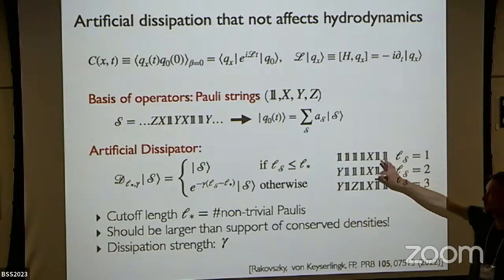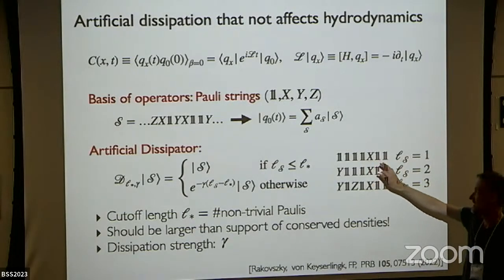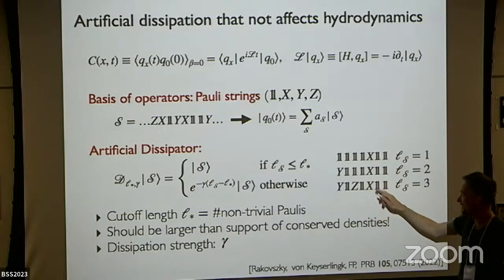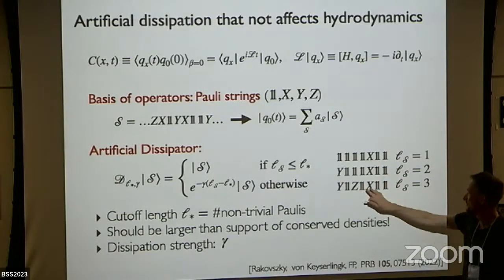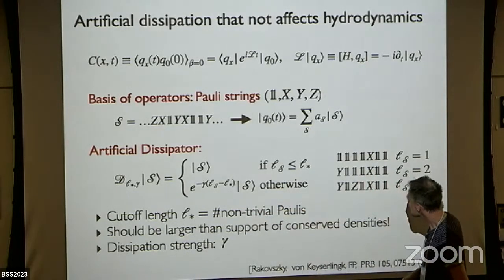We define some superoperator which leaves simple operators invariant. It doesn't touch Pauli strings where we have maybe just a few non-trivial Paulis. And if there are too many non-trivial Paulis, we exponentially damp those contributions.